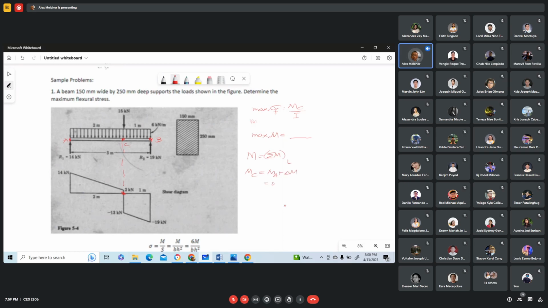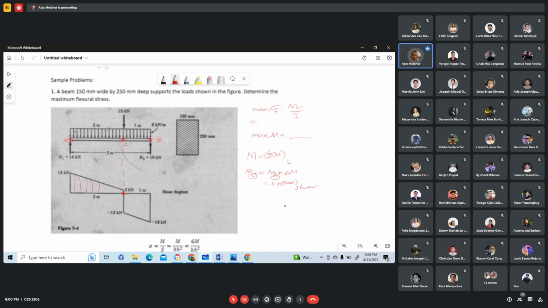So the moment at A is zero, plus the area of the shear from A to C. So what is the area of the shear from A to C? This area.